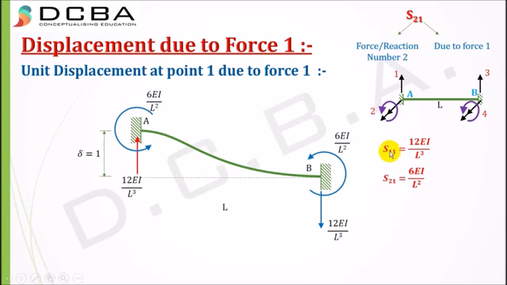So S11 was the reaction at number 1, S21 is the reaction at number 2, as you can see, and again it is positive 6 EI by L square because it is anti-clockwise in nature. At second number, the positive moment is of anti-clockwise nature.